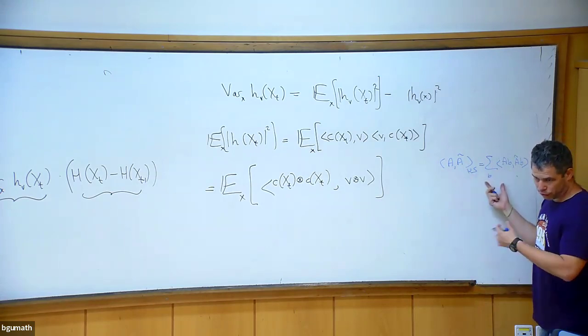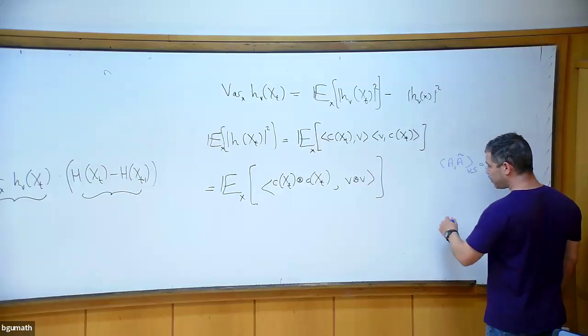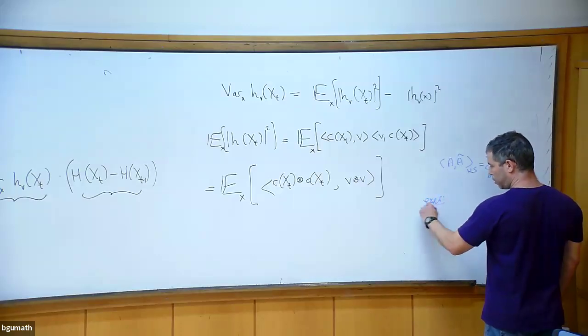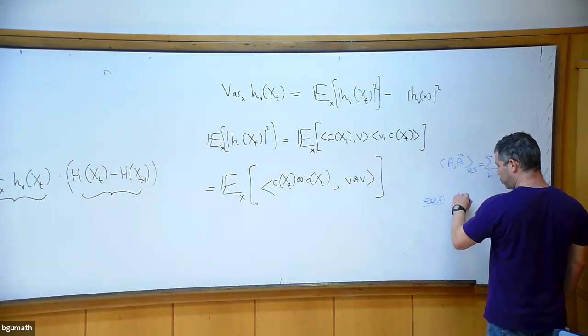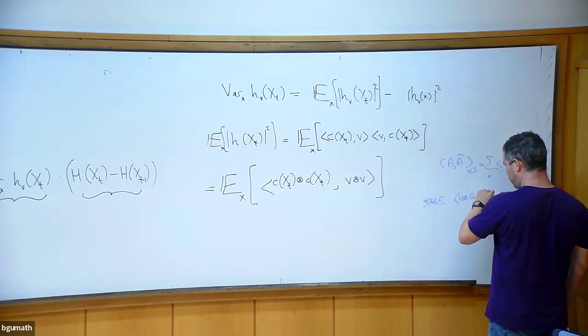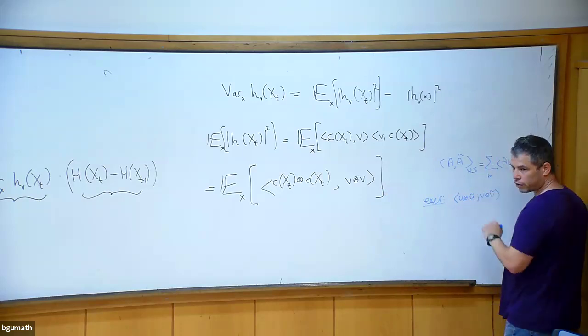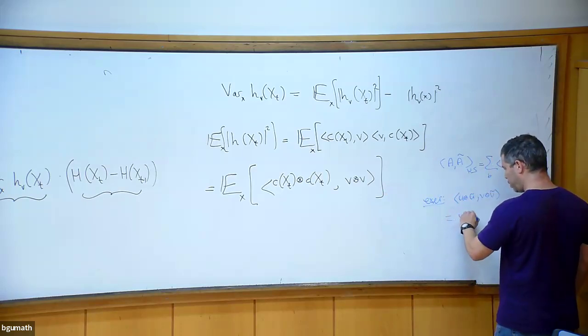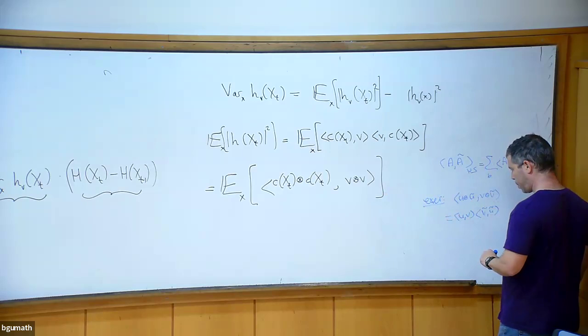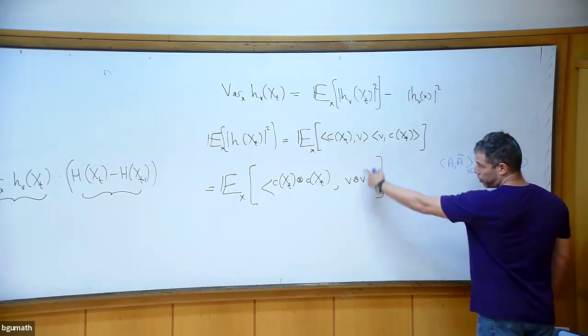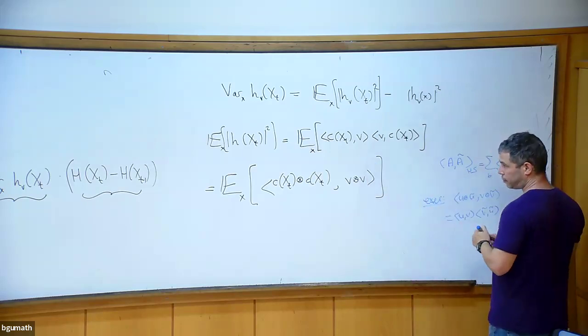Then I gave as an exercise, once we define these things, that for any four vectors, U cross U tilde and V cross V tilde, the inner product is the inner product of U, V times the inner product of V tilde, U. This is what I'm using here in the second line.